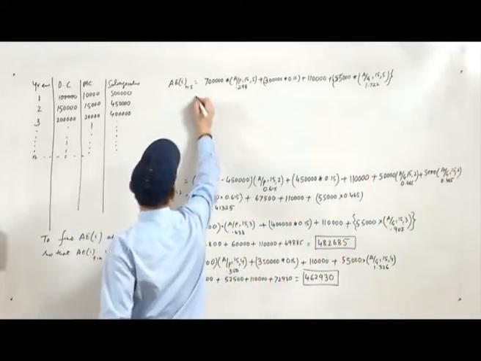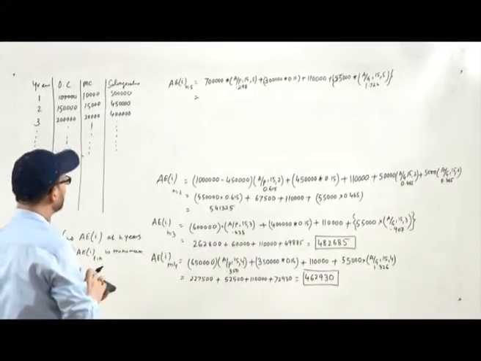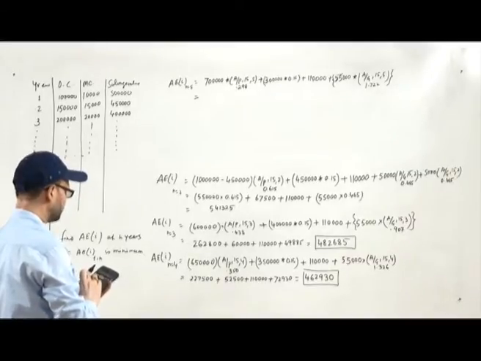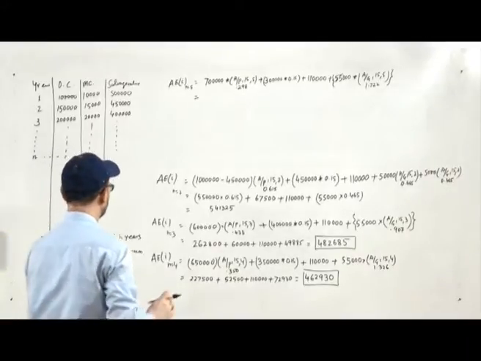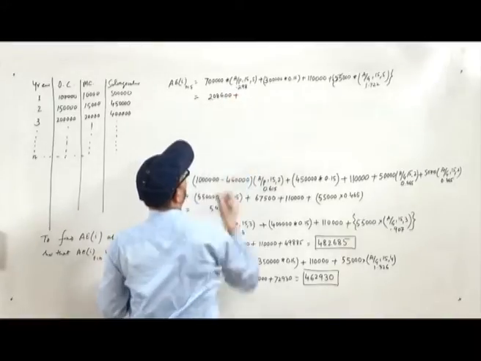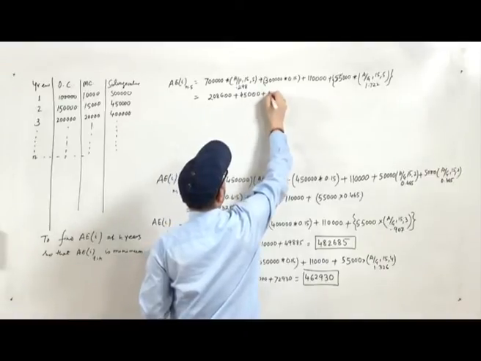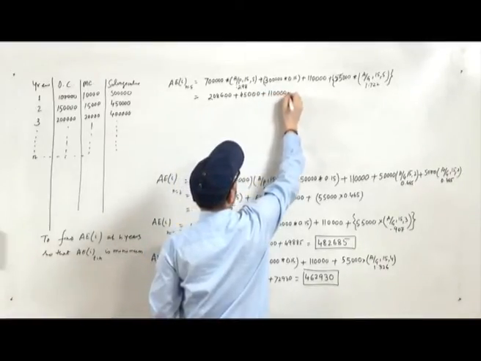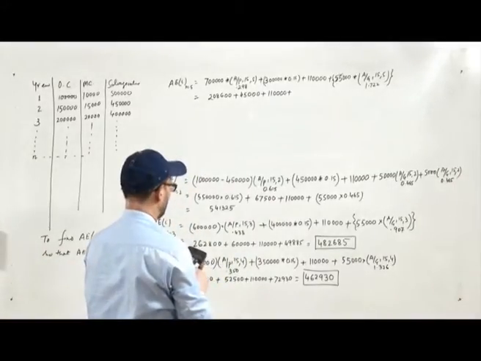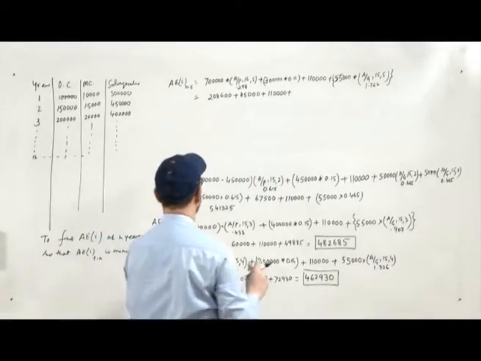So, we have to further use the calculator to get the values. 7 lakh multiplied by 0.298 is 208,600, plus 45,000, plus 110,000, plus 1.722 multiplied by 55,000, that is 94,710.